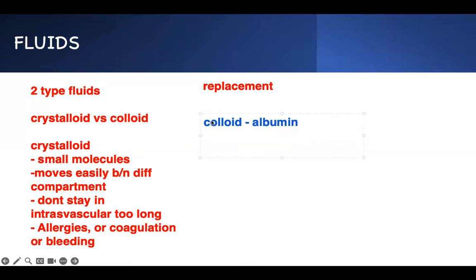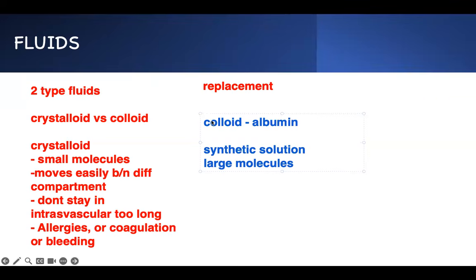We cannot make albumin, so we make these synthetic solutions to help with the function, that look the same as albumin. Albumin is a large molecule, okay, a large molecule. That's what they have, and they are synthetic, like I told you.